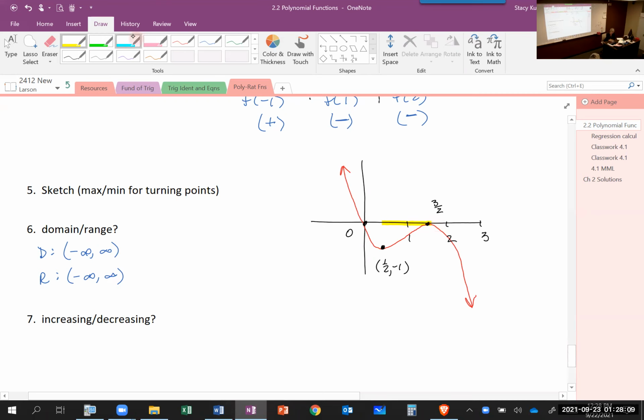From -1 to 1/2. No, it's the x coordinate, so it'd be from 1/2 to 3/2, correct? That's where we're increasing. We're decreasing from negative infinity to 1/2 and 3/2 to infinity.